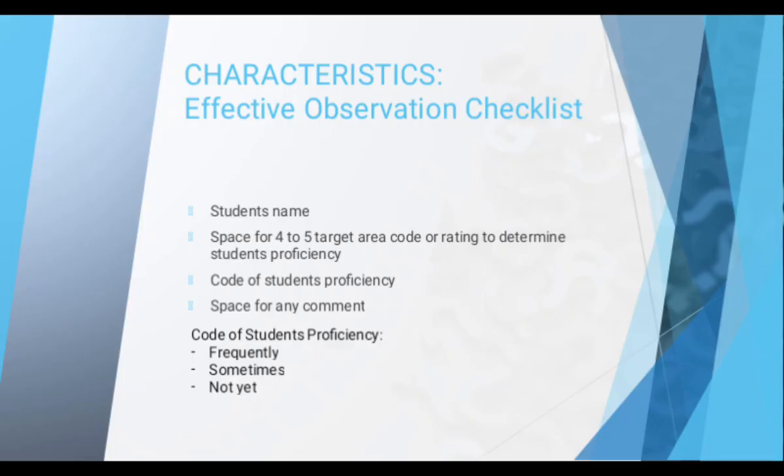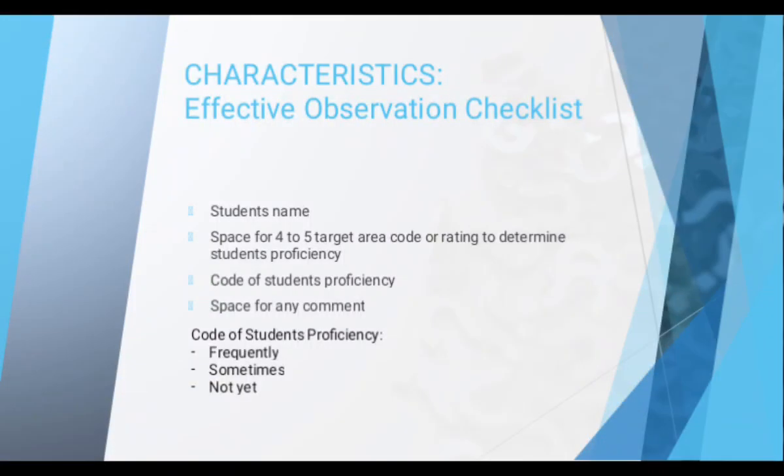And now, let's proceed to the characteristics. Effective observation checklist consists of student's name, space for 4 to 5 target area code or rating to determine student proficiency, the code of student's proficiency, and lastly, the space for any comment.